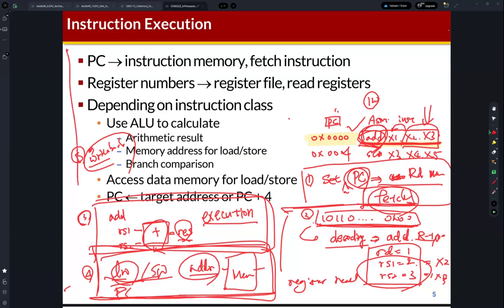So this part is very important. These are the required steps for executing instructions, so you need to understand these steps, and then the hardware will be designed based on this operation.